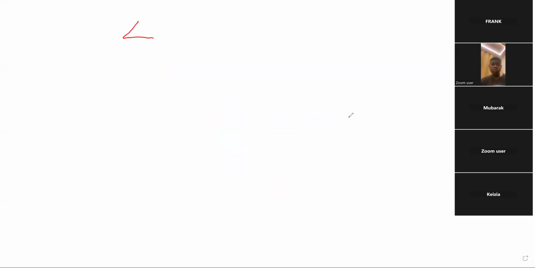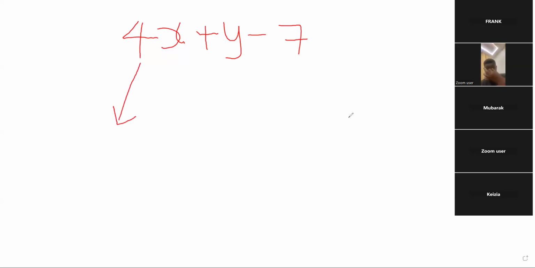Now let's look at something important about algebraic expressions. If you have 4x plus y minus 7, this is an algebraic expression. You realize that this 4 is multiplying the variable x, the letter x.